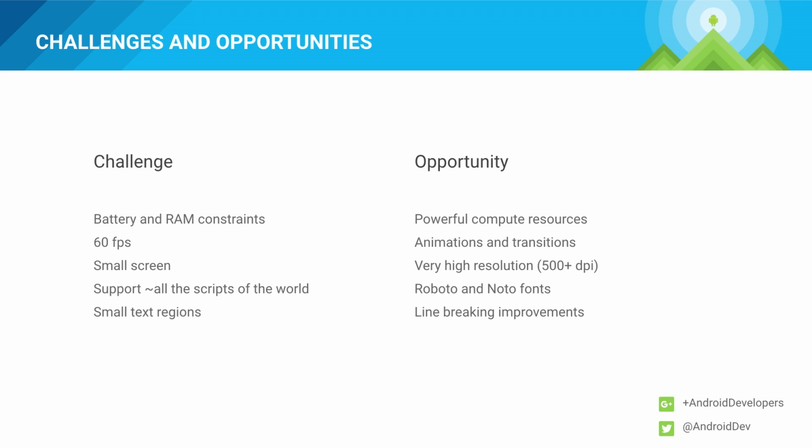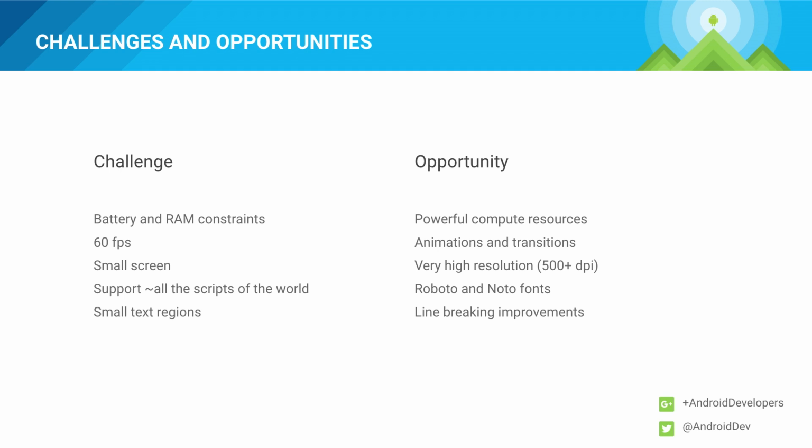You've got a very small screen, and this has some interesting challenges in how you create your layouts, how you do the paragraph layout. But a flip side, again, is that on modern devices, you have this very high resolution. Then, as I mentioned, we have this requirement to support all of the languages of the world, all of the scripts of the world, but we have a lot of really good resources, both in fonts and typography control of how you do that.